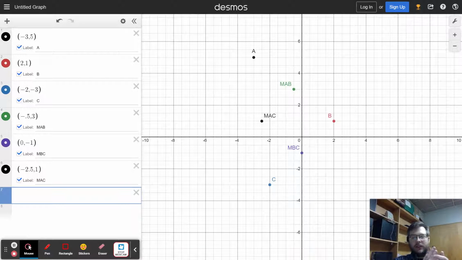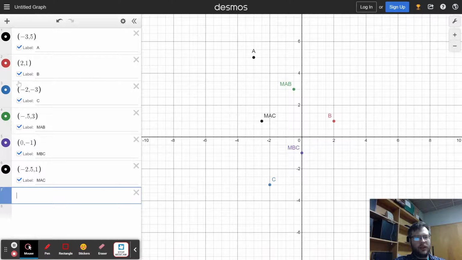And the bisector is going to go through the midpoint. Perpendicular means it goes at a right angle. That means that whatever slope the edges of the triangle have, you do the opposite reciprocal slope to find the perpendicular bisector. So let's focus on them one at a time. From A to B goes down 4 and right 5.